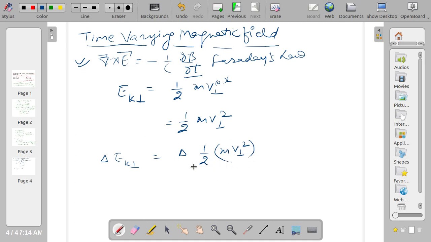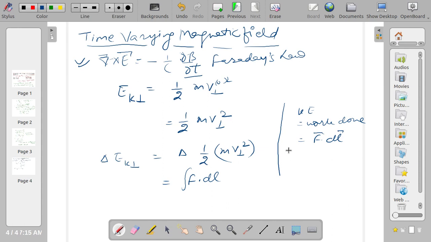This change in kinetic energy is nothing but the line integral of force, the work done, as we studied at school level, F dot dl.